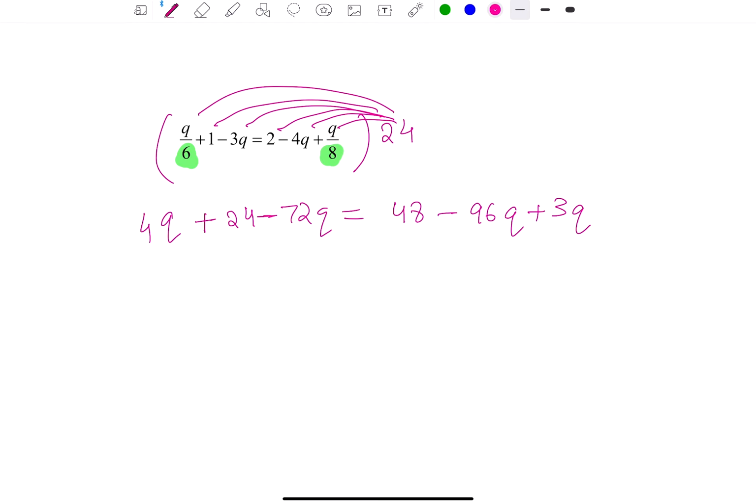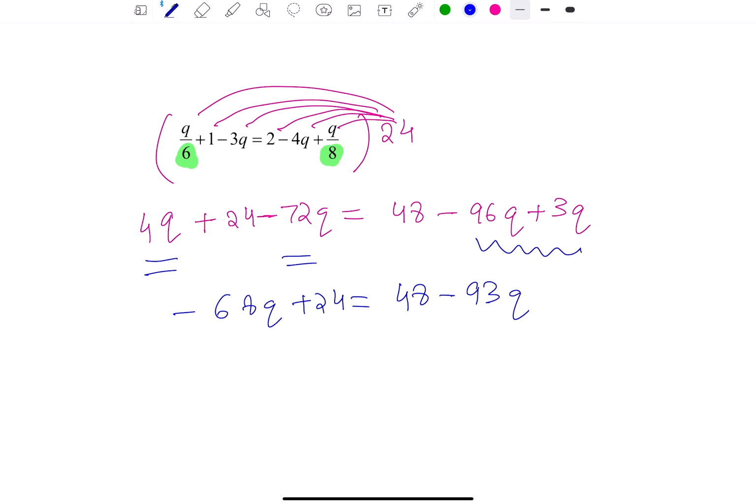Let's combine the like terms on both sides. We do have like terms here. That would be negative 68q plus 24 equals, combining these like terms as well, negative 96 plus 3 would be negative 93q. Let's go ahead and bring the variables to one side. It's better to keep it positive, so I'm going to add 93q to both sides.